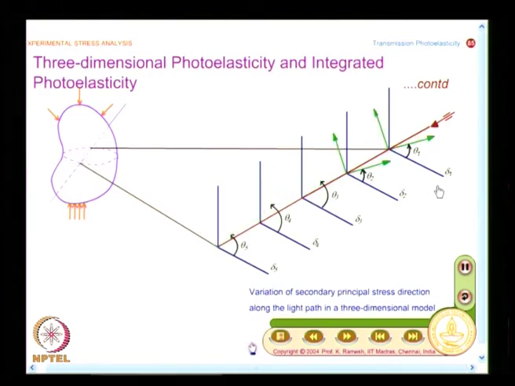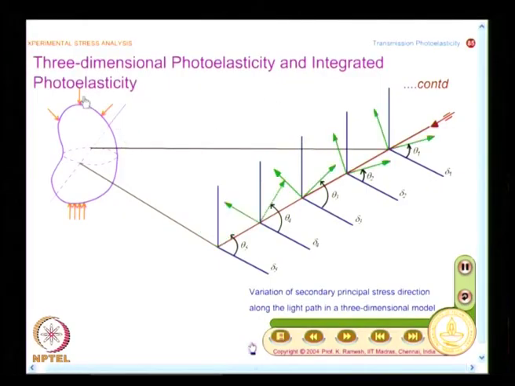And whenever you face a problem like this, mathematicians first try to solve the problem by looking at simpler cases. In one case, I may have a thick model, but the stress distribution is such that the principal stress direction does not change over the thickness, only the magnitudes vary. This is one type of problem.